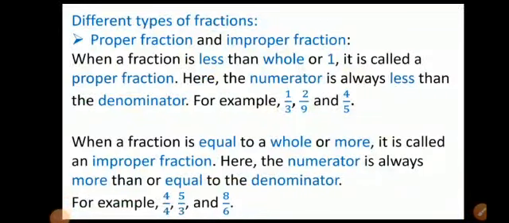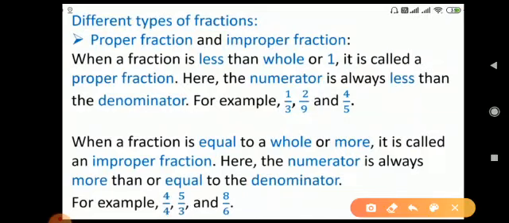Different types of fraction: proper fraction and improper fraction. When a fraction is less than whole or 1, it is called a proper fraction. Here, the numerator is always less than the denominator. For example, 1 upon 3.